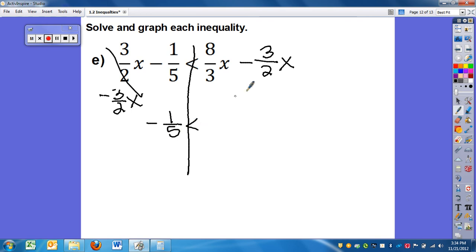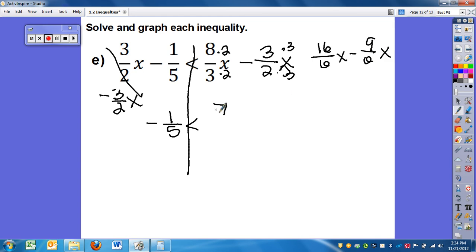It's less than. Now here we need a common denominator, which is 6. So I'm going to take this one and times it by 2. This one and times it by 3 to make a common denominator of 6. So I get 16 over 6x minus 9 over 6x.